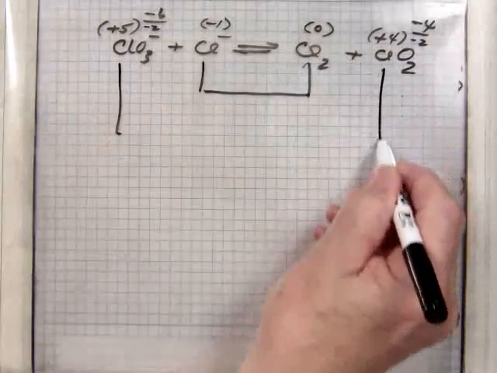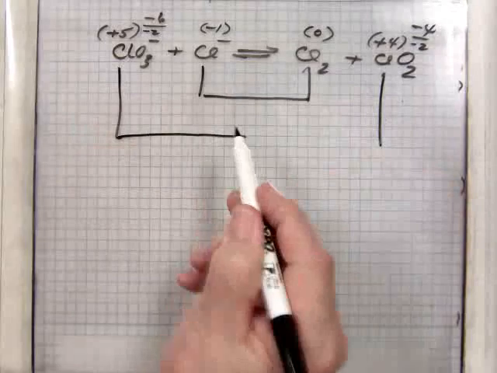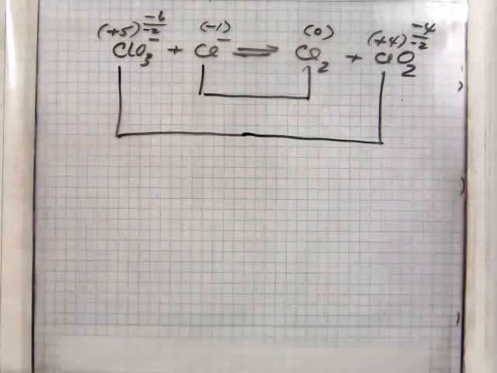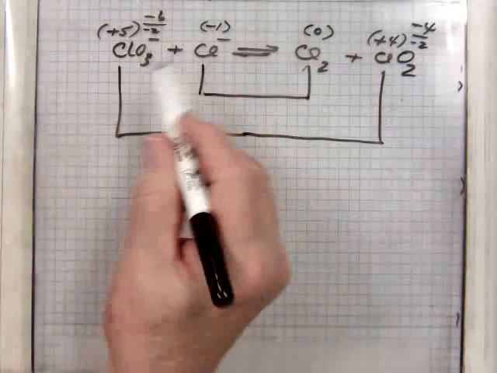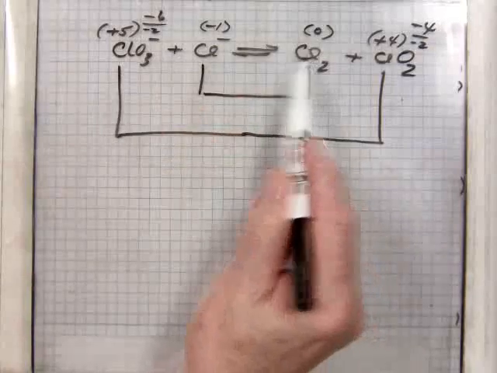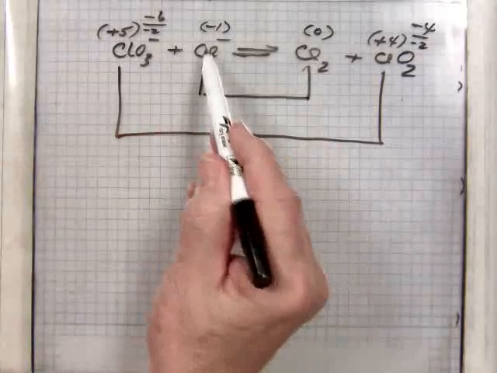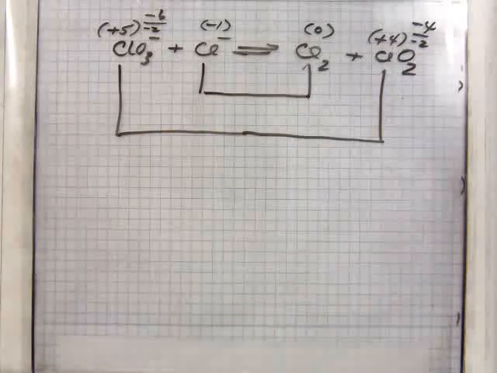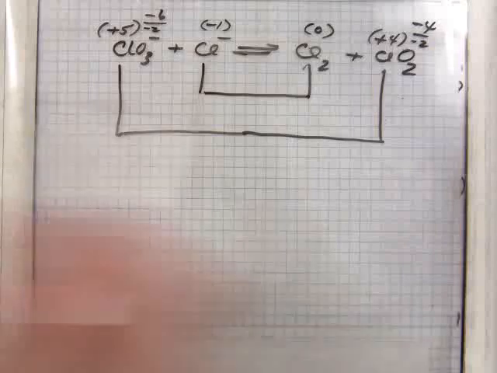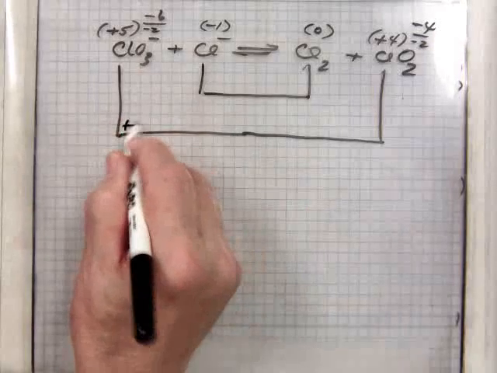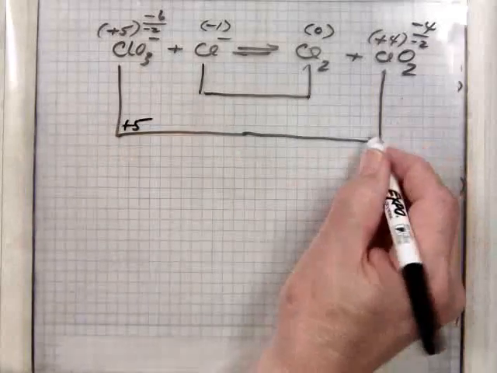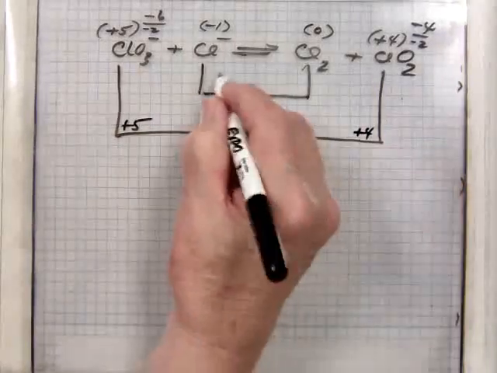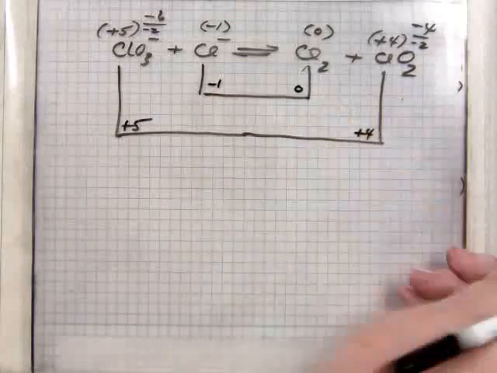You want to find an oxidation combination and a reduction combination. If I went here to here, that's 5 to 0 and -1 to +4. Okay, it's not going to work out. So this would be a +5 and a +4 and then a -1, and it's neutralizing.